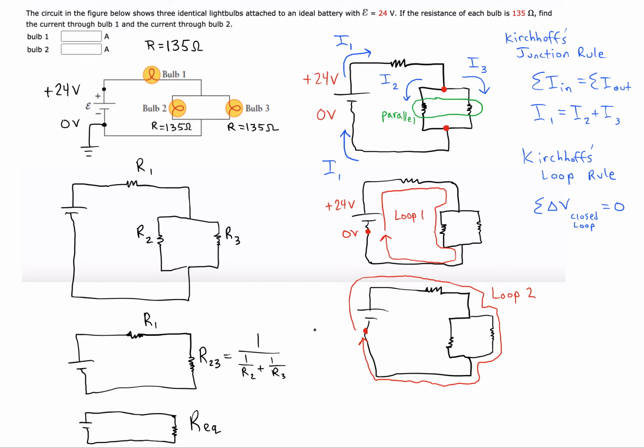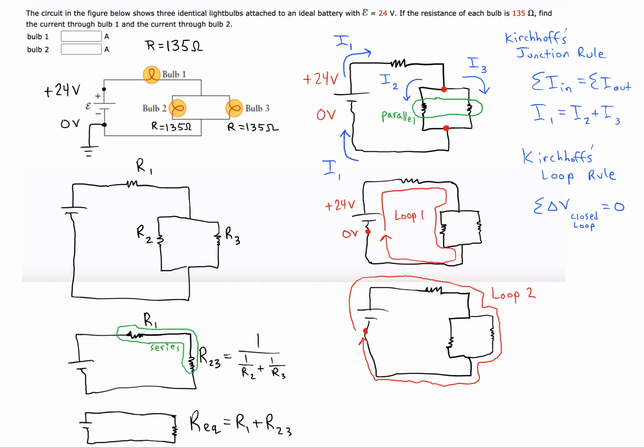However, when we do these guys together, we see that they are actually in series. So the rule we'll use there is the rule for series. And when it comes to resistors, we just add them. So that's going to be R1 plus R23.